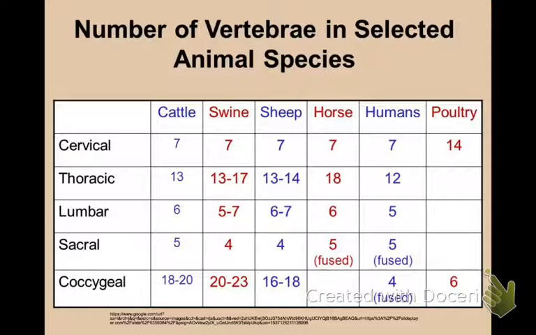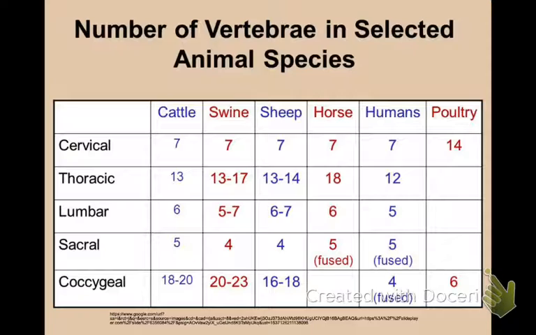So in dogs and cats, and we'll get into specifics of the skeletal system in just a few minutes, in dogs and cats we have 13 thoracic vertebrae, just like in cattle. Pigs vary by breed, as do sheep, so some have 13, some have more.